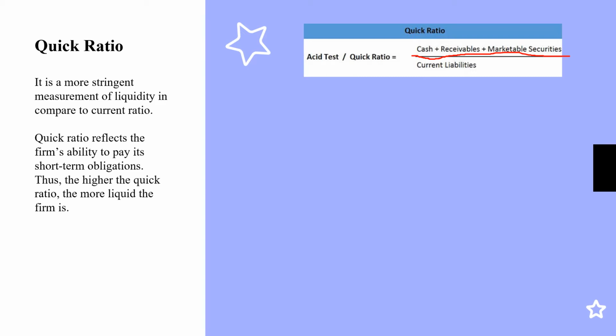So let's compute. For 2012, meron tayong cash, receivables, and marketable securities. Ito yung nasa taas. So just simply add those three and then divided by the current liabilities na 104,000, we have 1.01 is to 1. Okay?